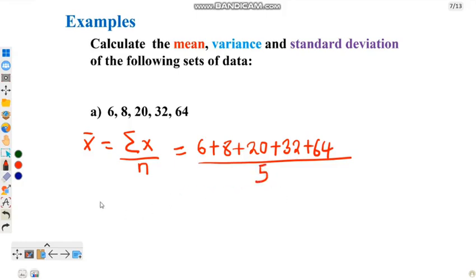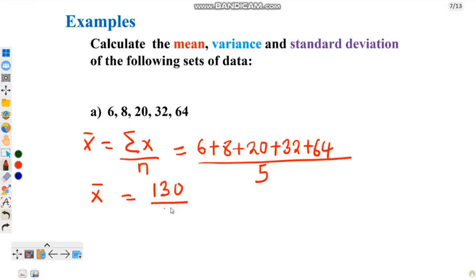So mean is equal to, we just need to add 6 plus 8 plus 20 plus 32, ensure that you also have a calculator, plus 64. When we add them we are getting 130.